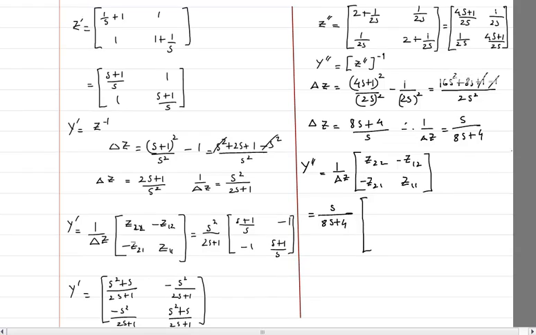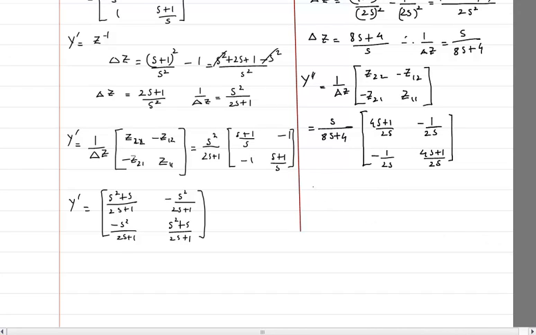So if I am going to multiply with z, here it is going to be 4s plus 1 divided by 2s. This is going to be 1 by 2s. This is also going to be minus 1 by 2s, and this is again 4s plus 1 divided by 2s, correct?